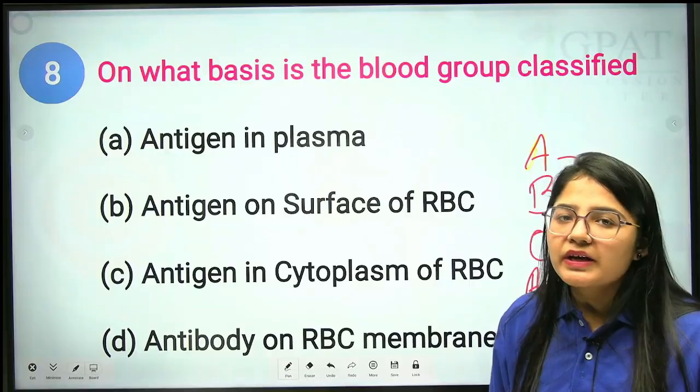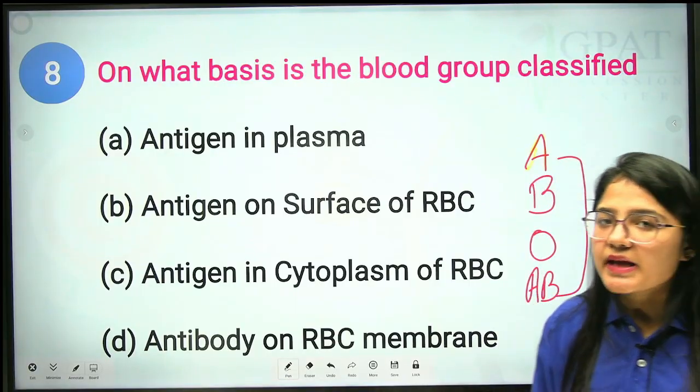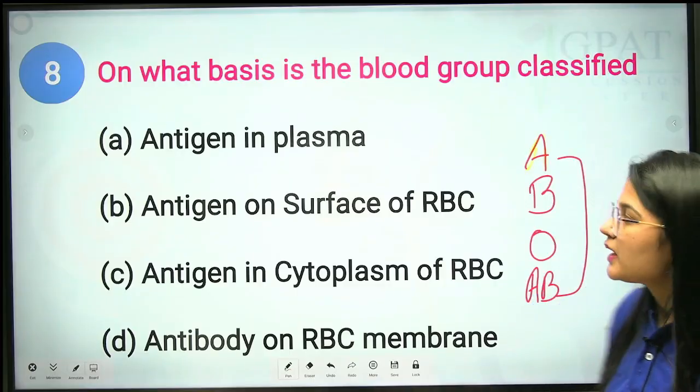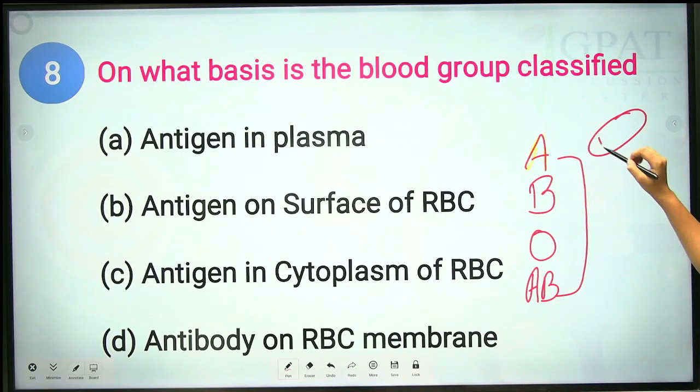Now, how do we classify whether the person has A blood group or B blood group? This is your red blood cell.